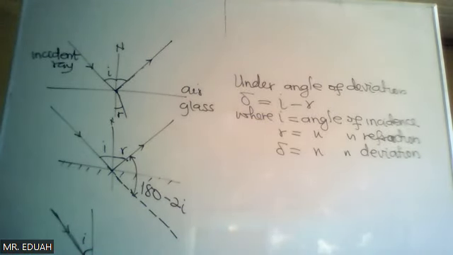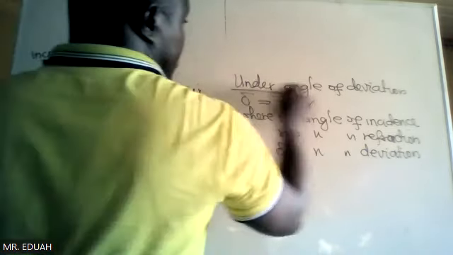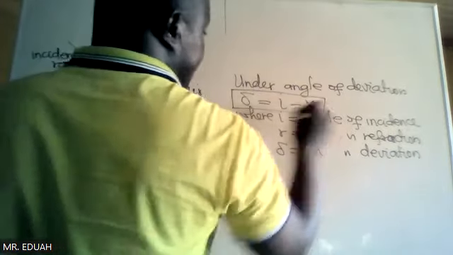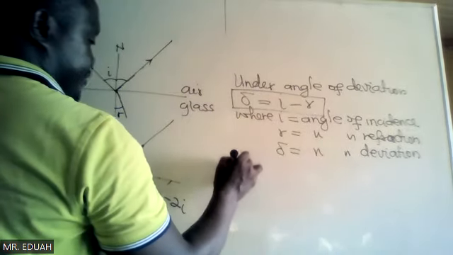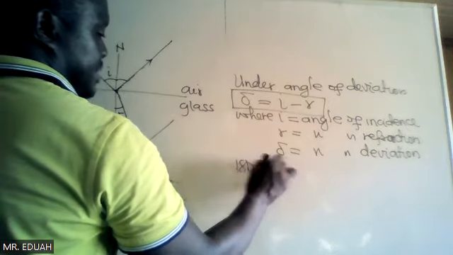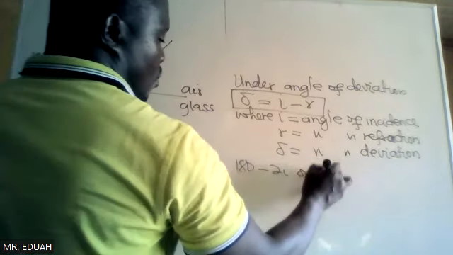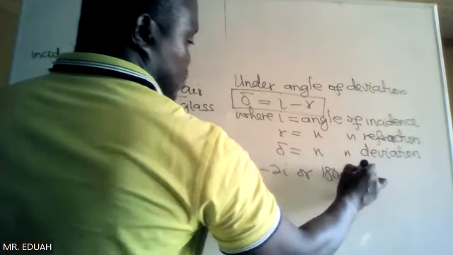So under refraction, this is the extent to which light is deviated. For reflection of light, we have 180 minus 2i, or 180 minus 2r.